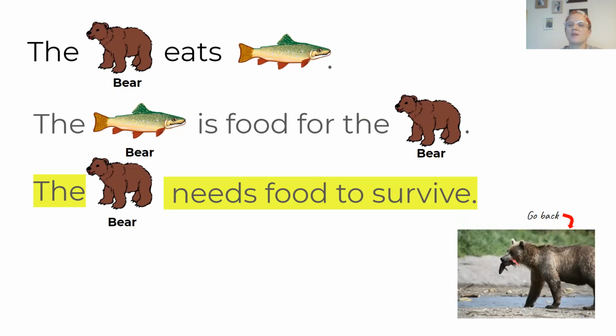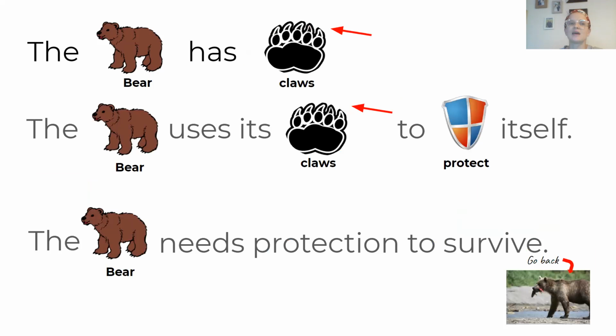There we go. The third thing that an animal needs to survive is food. Now, if we're looking at the bear, which is the example that we're using in this lesson, it eats the fish, and the fish is the food for the bear, and the bear needs the food to survive. And then lastly, the bear has claws, and now the claws are used for protection, and it uses it to protect itself.